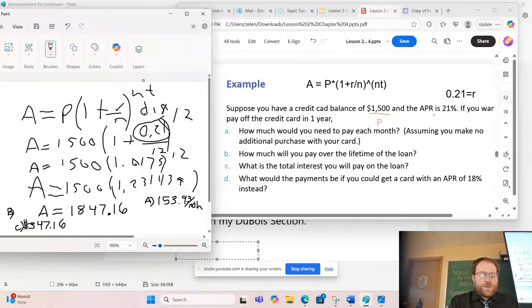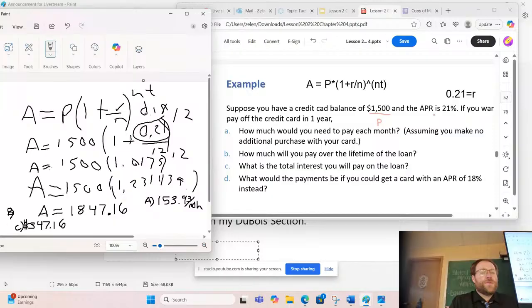So if you work that out again with 0.18 instead of 0.21, let's see what number you come up with. $1,793.43.